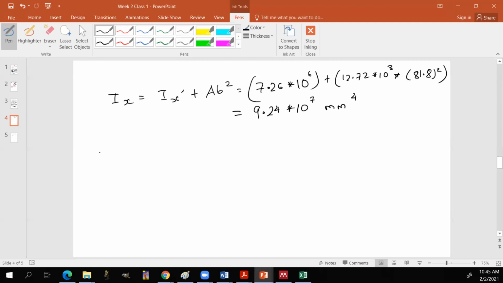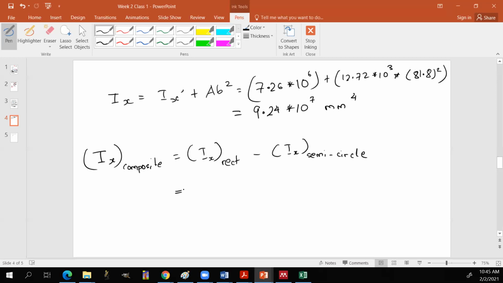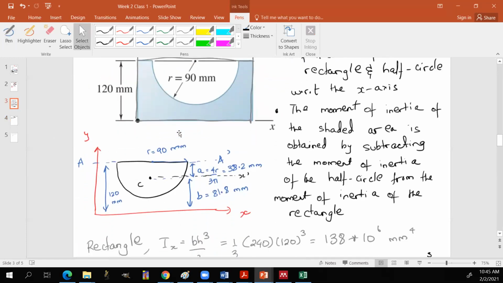So now we know that the Ix of my composite is going to be my Ix of the rectangle minus Ix of the semicircle, right? Simple subtraction. So where was I?